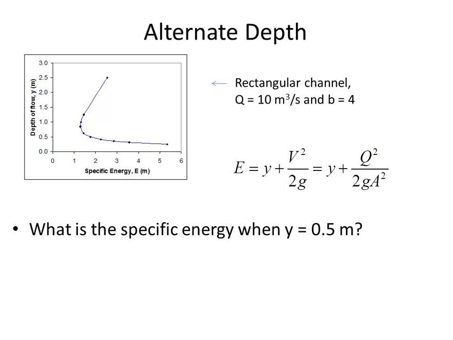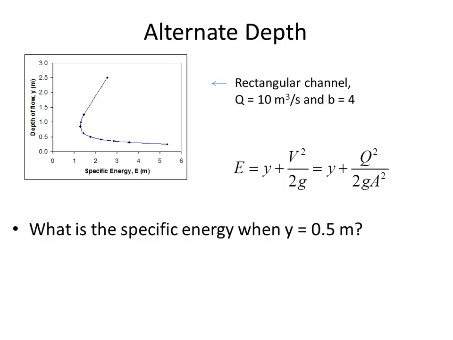Let's just take the case of a specific energy. What is the specific energy when the depth is 0.5? When the depth is 0.5, the energy, E, is simply 0.5 meters. That's the Y part of it. And this is the example where the specific energy is 0.5 and this rectangular channel has a flow rate of 10 cubic meters per second and a width of 4.